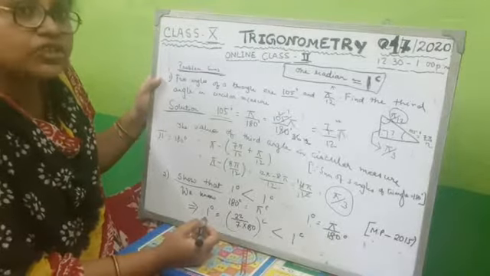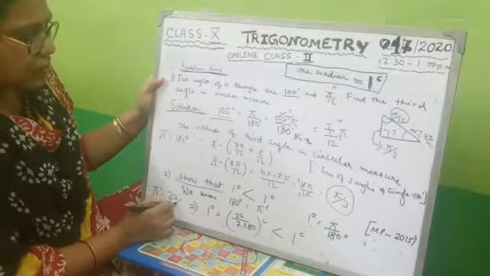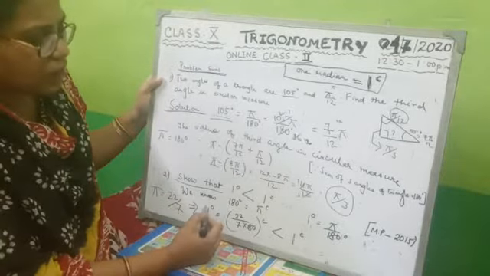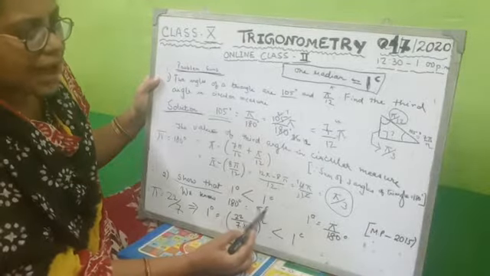Yes, you are correct, 22 by 7. So the value of pi is 22 by 7.